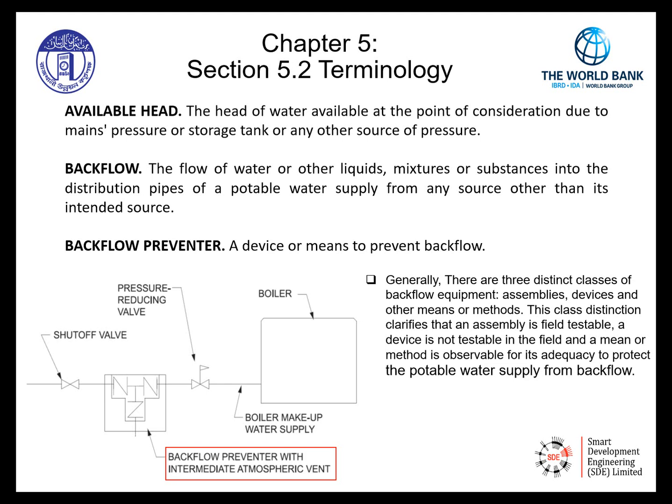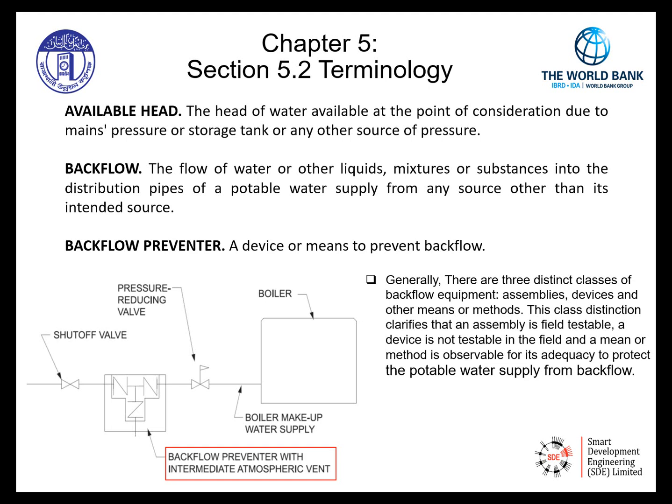Backflow is defined as the flow of water or other liquids, mixtures, or substances into the distribution pipes of a potable water supply from any source other than its intended use. This is something that we need to avoid. We need to avoid any other fluids, mixtures, other than potable water to gain access into the piping system.